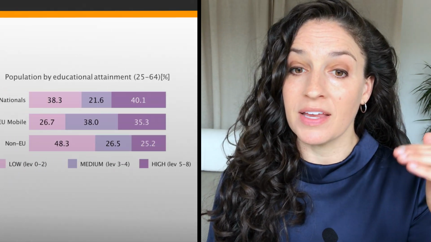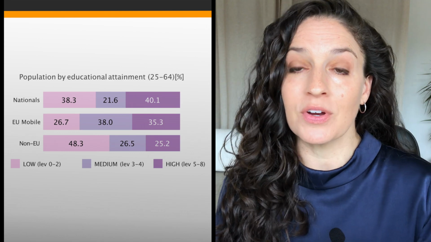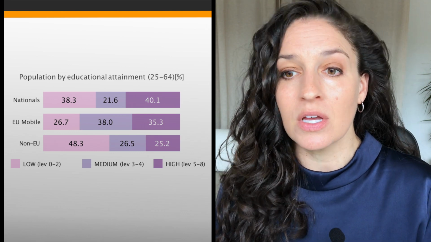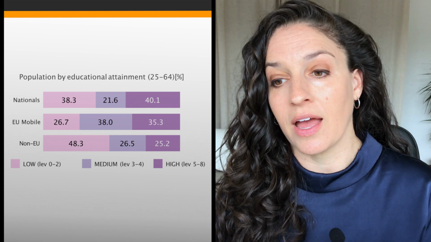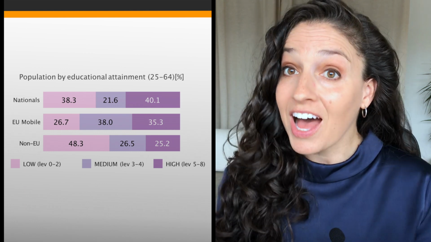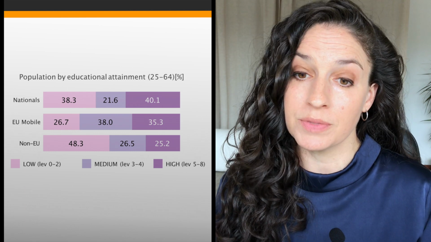Then we can actually look at education. So if we look at education here split by nationals, European immigrants, and non-EU immigrants, what we see is that nationals generally have higher levels of high education than both other groups.